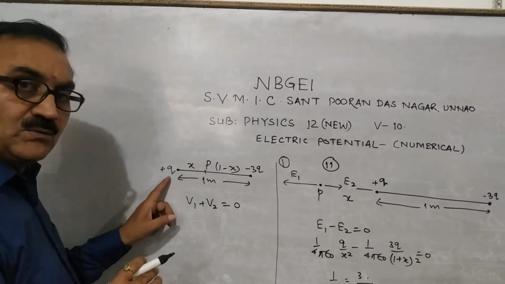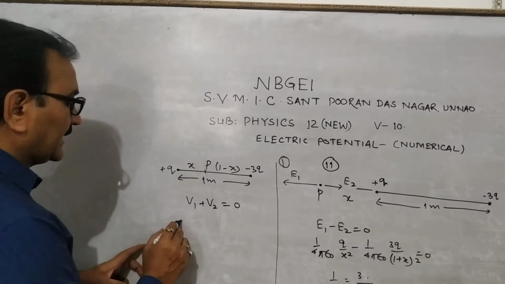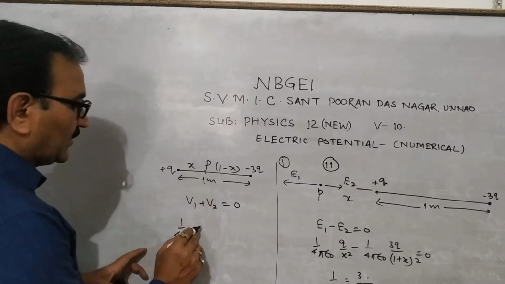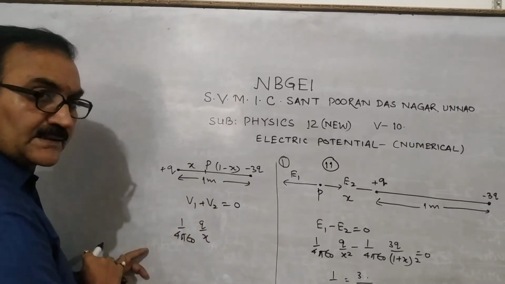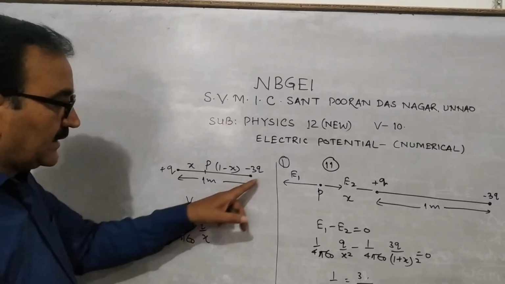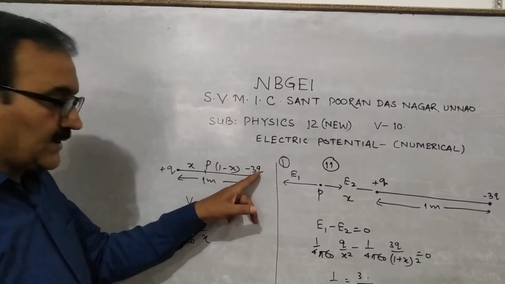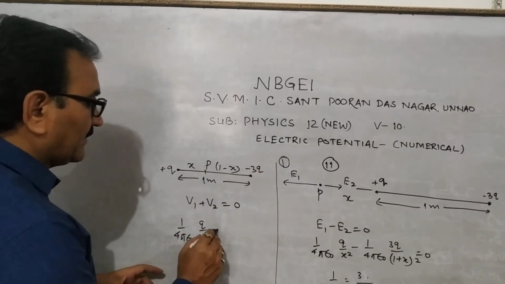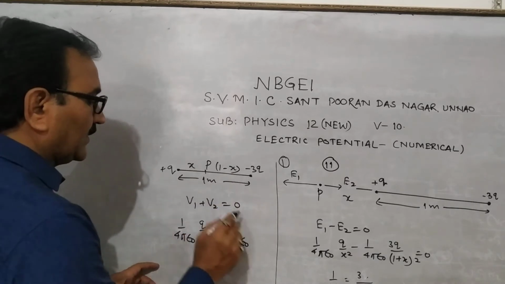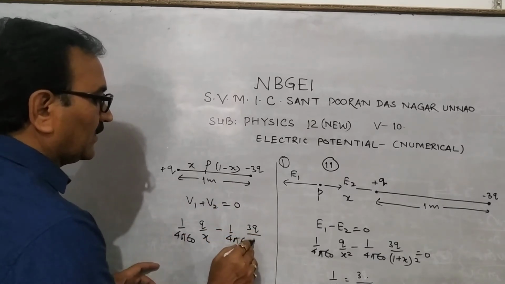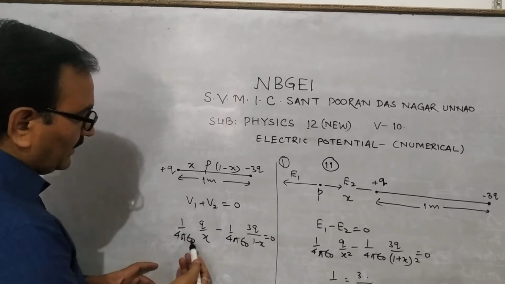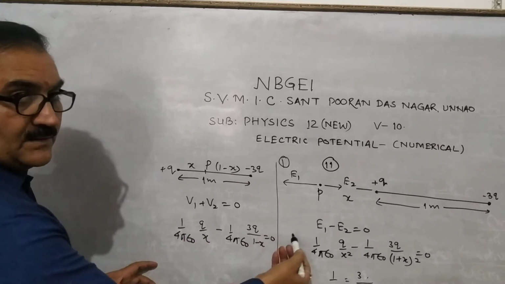Now potential due to plus q charge is 1 upon 4 pi epsilon naught, q upon x, and the other charge is negative, so write minus 1 upon 4 pi epsilon naught, 3q upon (1 minus x), is equal to 0. So again q upon 4 pi epsilon naught is common and becomes 0.